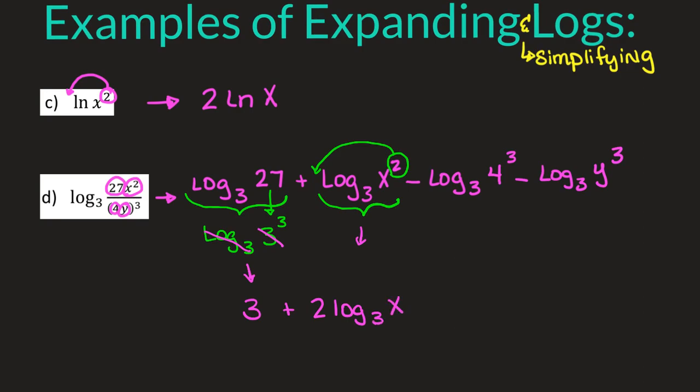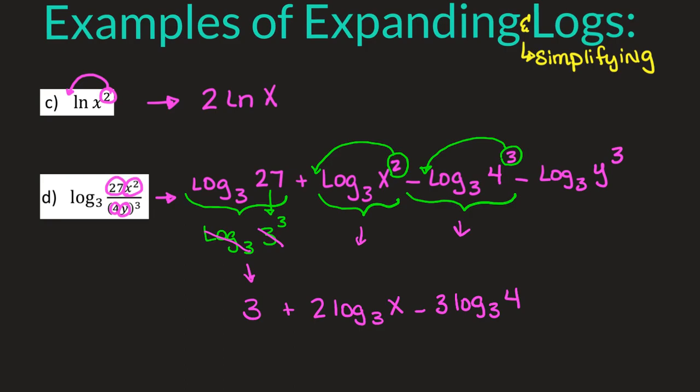And then let's look at the next term. We have a minus log base 3 of 4 to the third power. Can't really do anything with the 4. I can't change the base of that one. So all we're going to have to do is move the exponent of 3, again, out front of the word log. And so then we'll say minus 3 times log base 3 of 4.